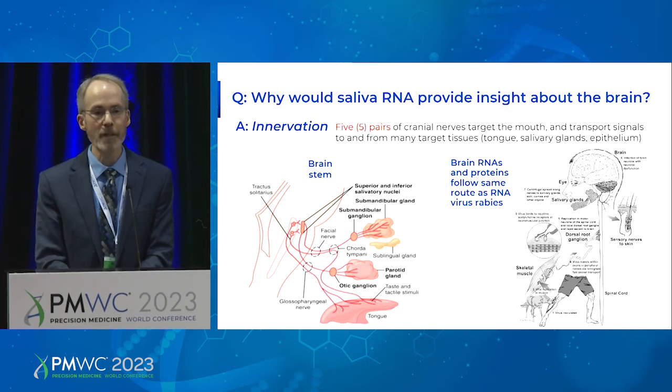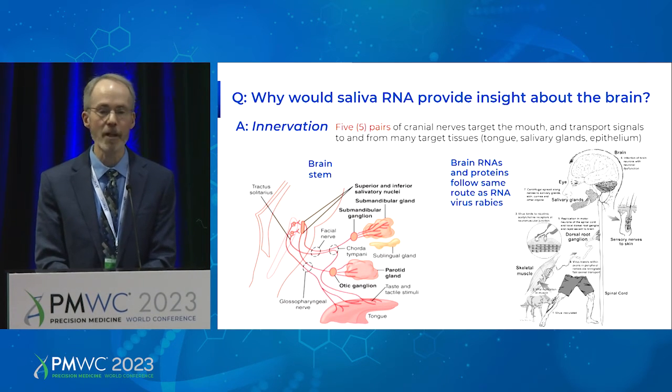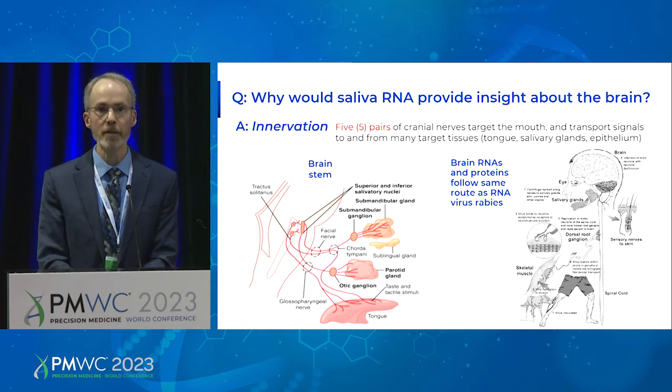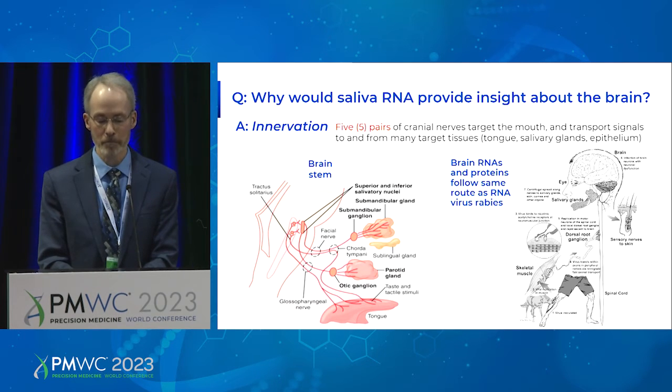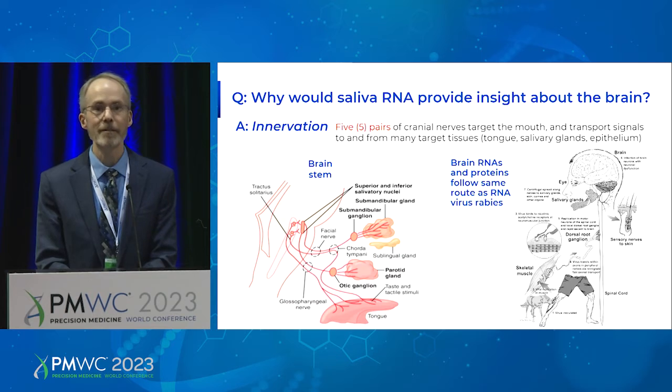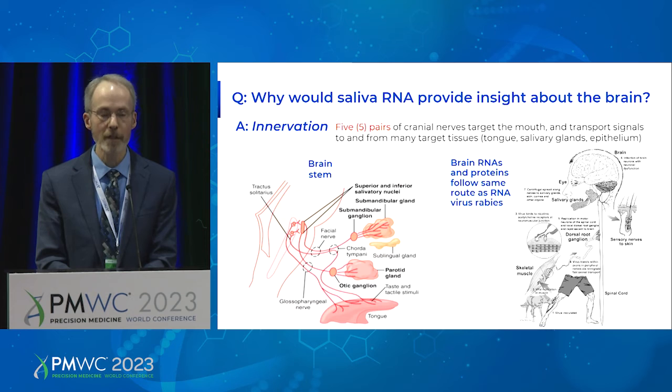So why would saliva RNA provide insight about the brain? It all comes down to connectivity. There are 5 pairs of cranial nerves that innervate the mouth. You use these nerves every time you try to speak, swallow, salivate, make a smile. All of the activity of those nerves depends on the transport of molecules, including RNA, proteins, and neurotransmitters down these cranial nerve paths.